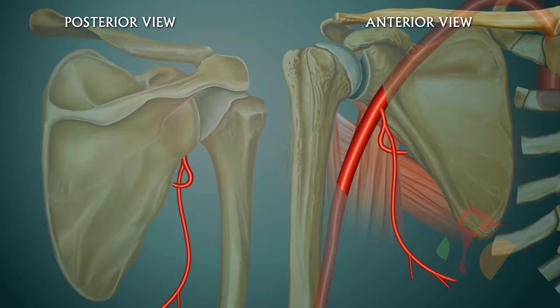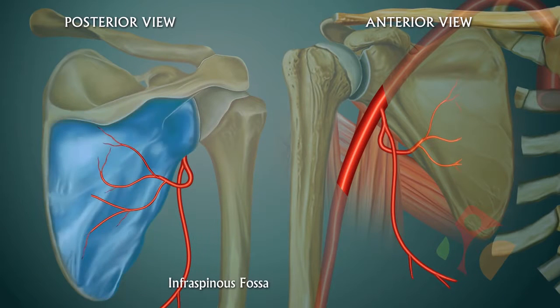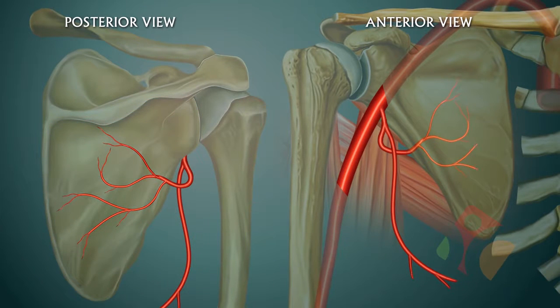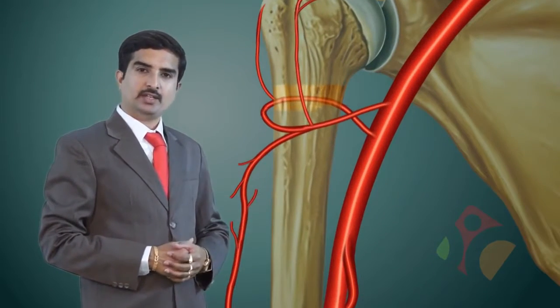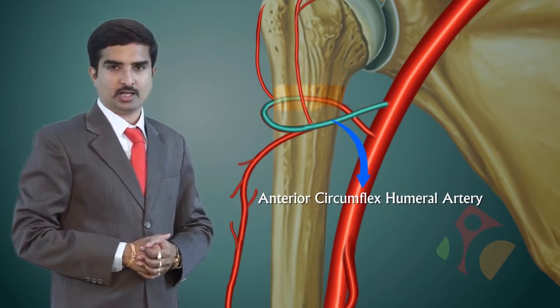After passing through this space, it winds around the lateral border of the scapula. After winding round the lateral border of the scapula, it reaches the infraspinous fossa and finally ends by dividing into numerous branches.